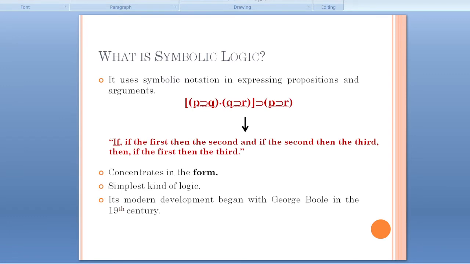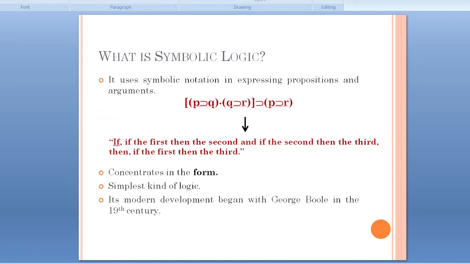Now the question is, what is symbolic logic? It uses symbolic notations in expressing propositions and arguments. For example, P implies Q dot Q implies R implies P implies R. That means if the first, then the second, and if the second, then the third, then if the first, then the third.